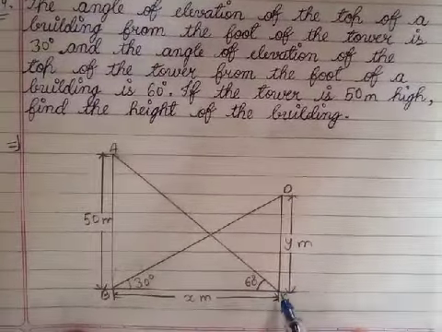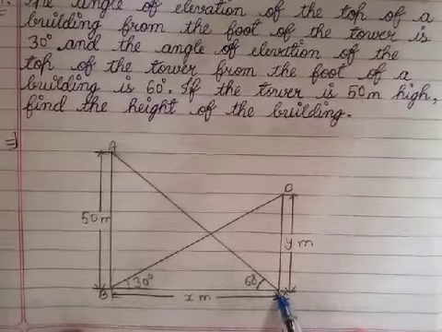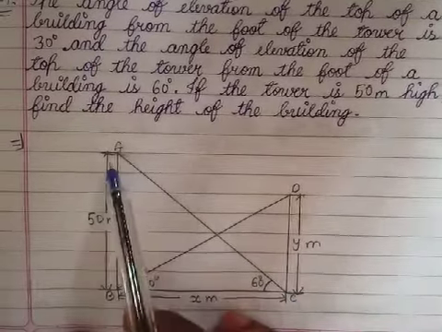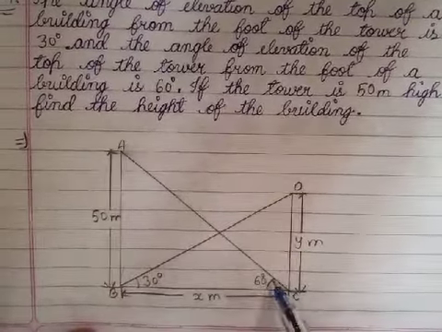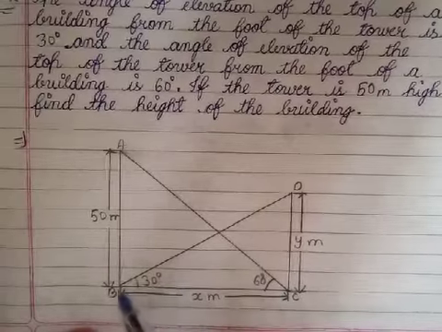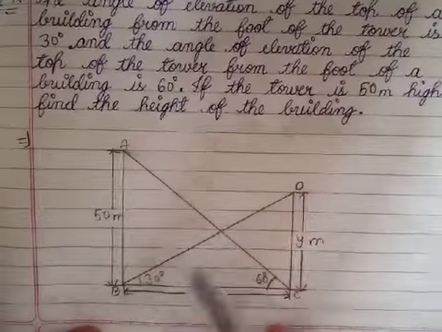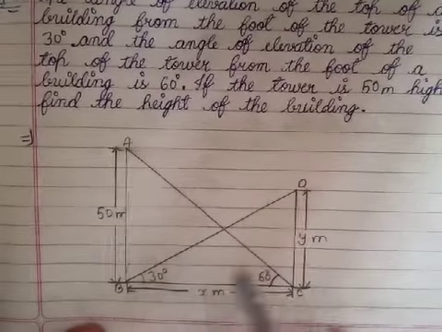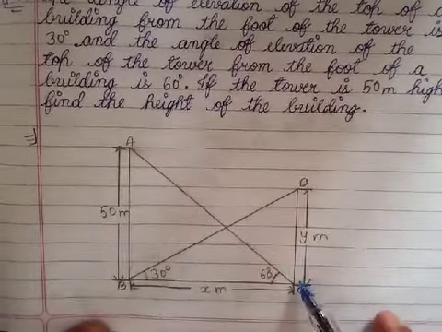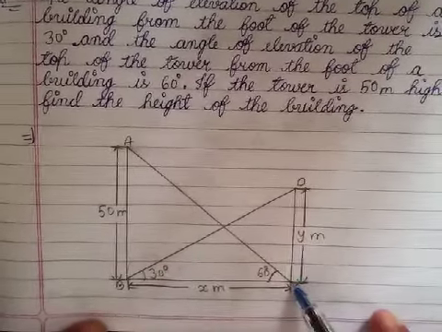From the bottom of the building, you are seeing the top of the tower, making an angle of 60 degree. And from the bottom of the tower, looking at the top of the building, it is making 30 degree. We need to find the height of the building. Let the height of the building be y meter.